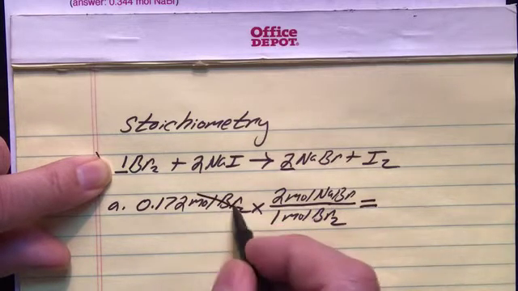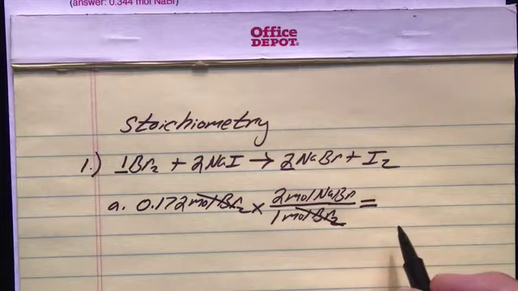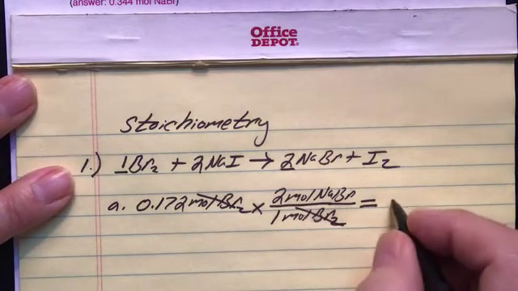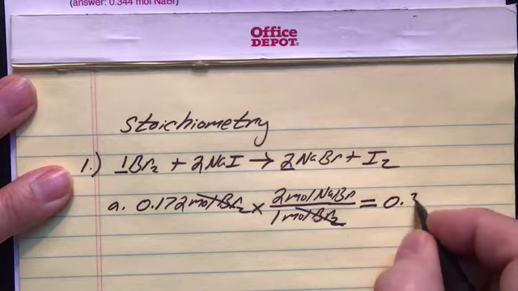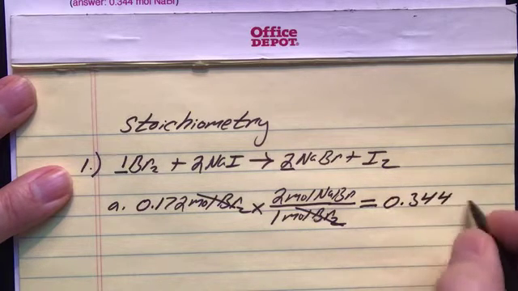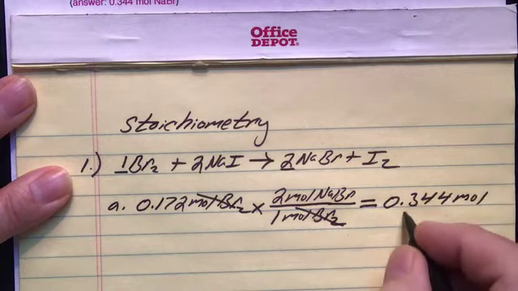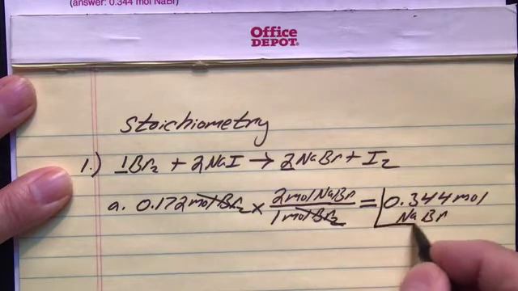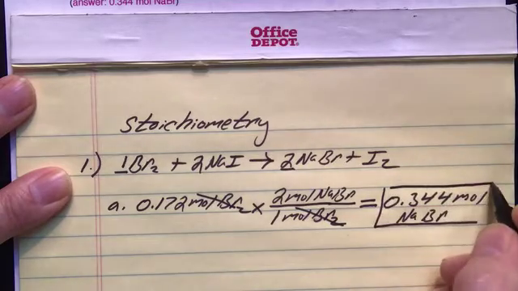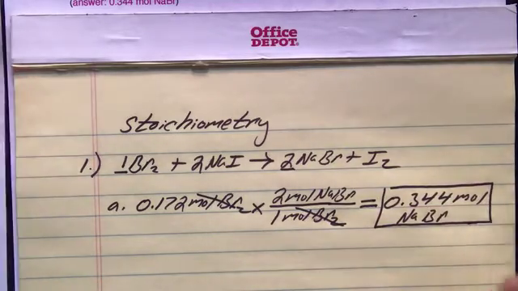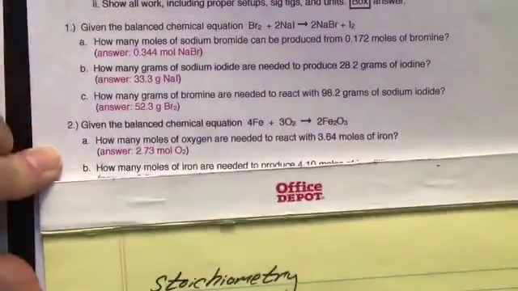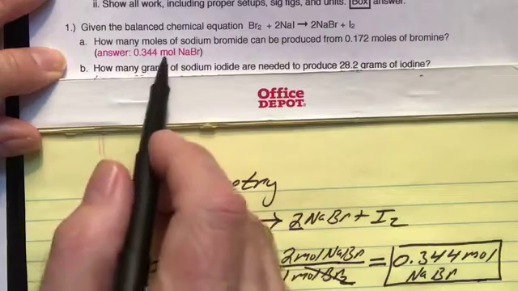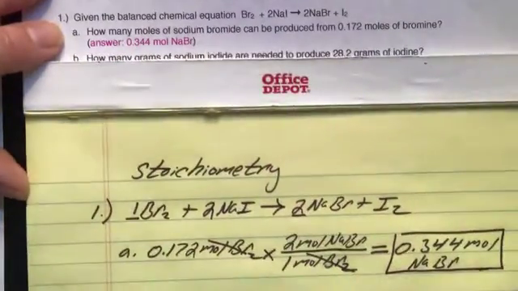Moles of bromine cancel out. And so 0.172 times 2 gives us 0.344 moles of sodium bromide. Now remember, in these problems, you're given the answer. So the answer's right there. So if you're not getting the answer given here, of course, you've made a mistake somewhere.